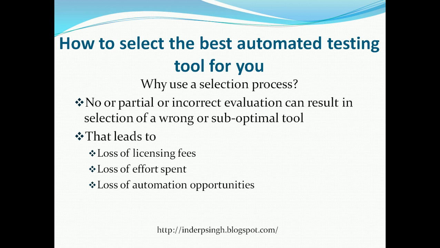First of all, it is the loss of the licensing fees. If you have selected a commercial tool, there is a licensing cost associated with getting the license for using that tool. So if it is the wrong tool or the suboptimal tool for your specific requirements, that means that later on you may have to invest again in the best tool for your requirements.